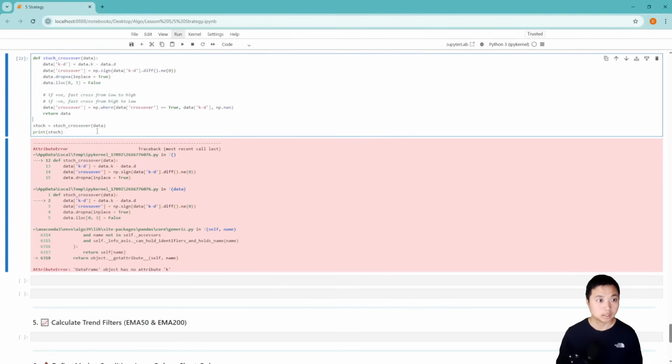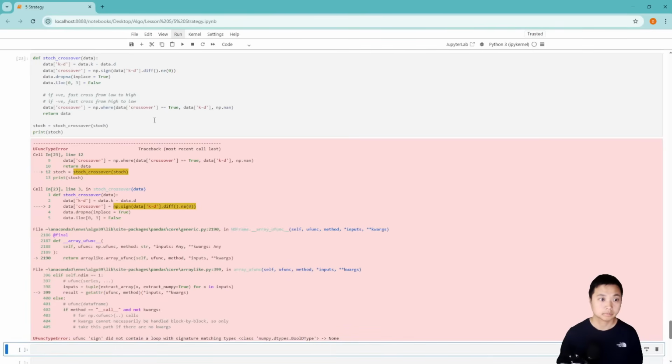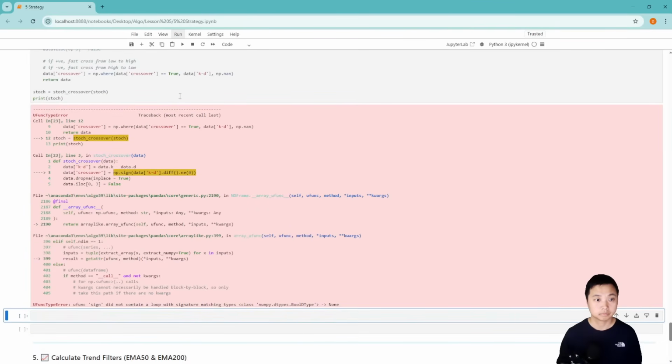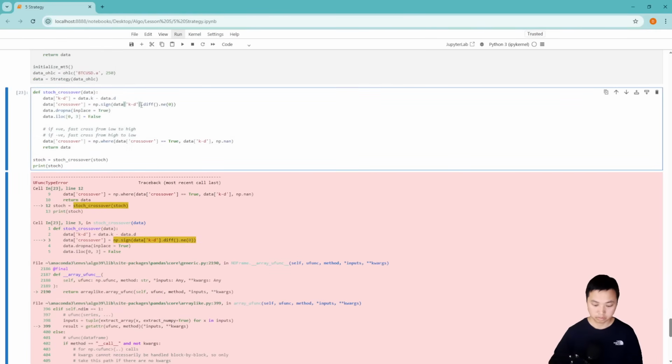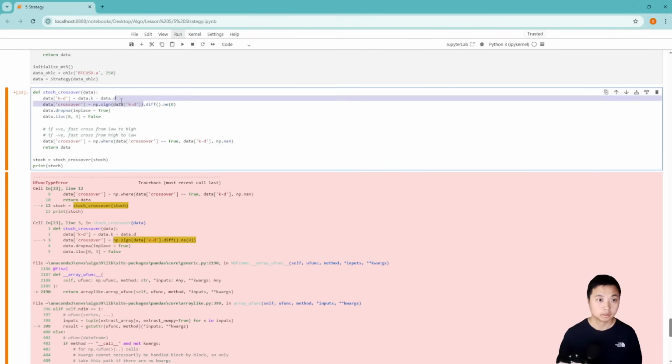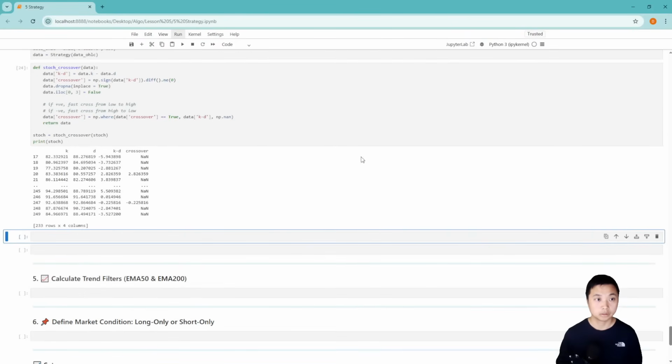Oh yes, I should use the so instead of the data. Yep, and there's a typo. The sign should be KD. Here we go.